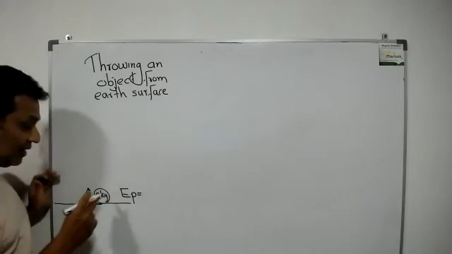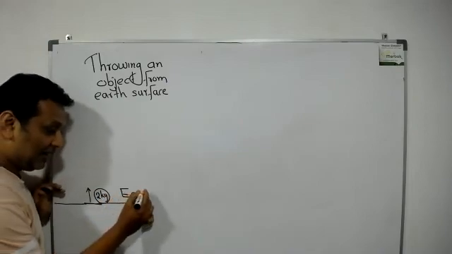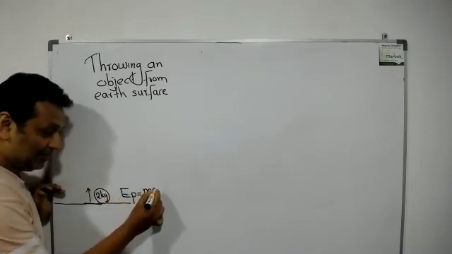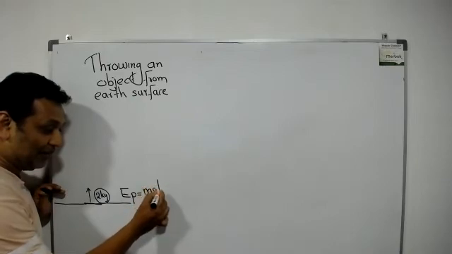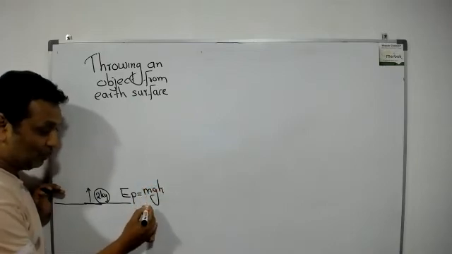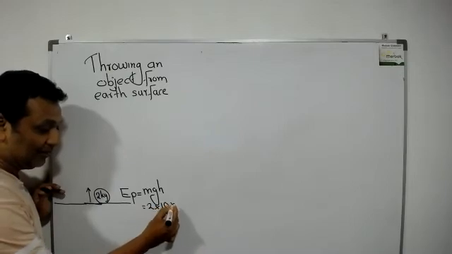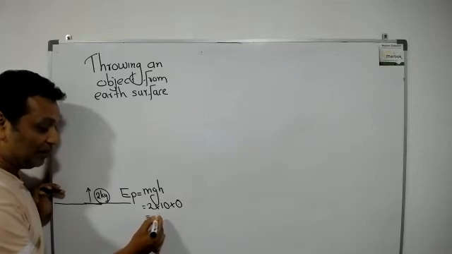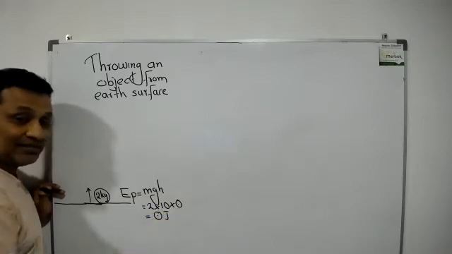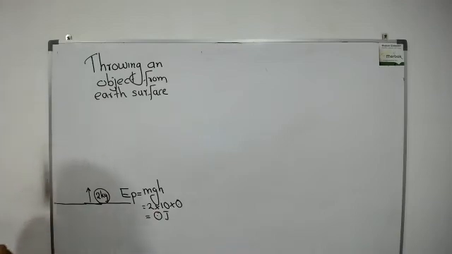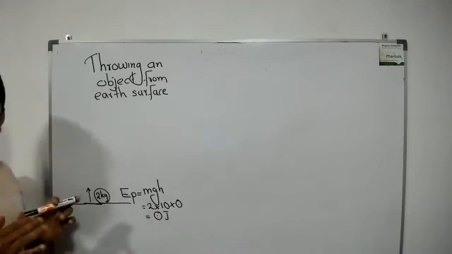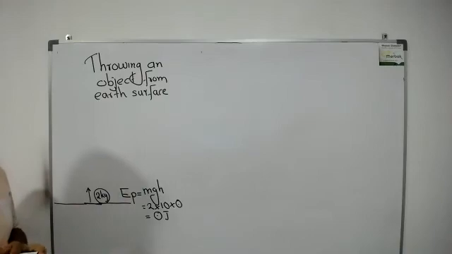Its potential energy is m g h, 2 into 10 into 0. If you multiply a number by 0, it will be 0. 0 joules. Do you agree with it?